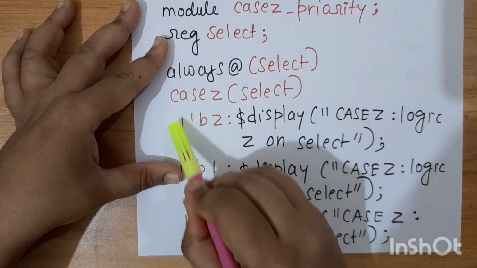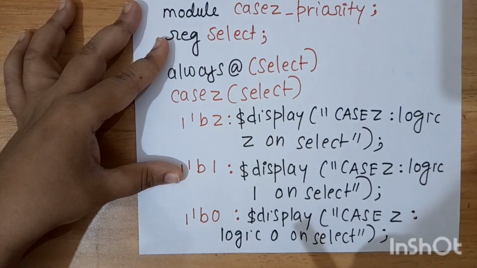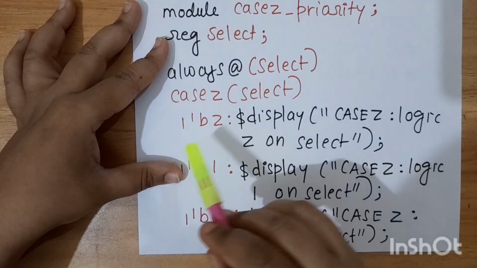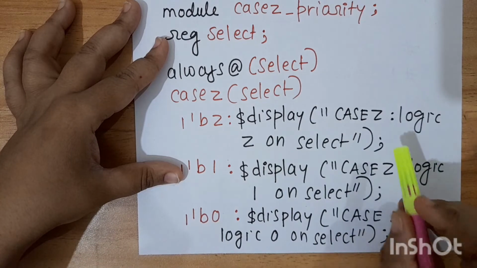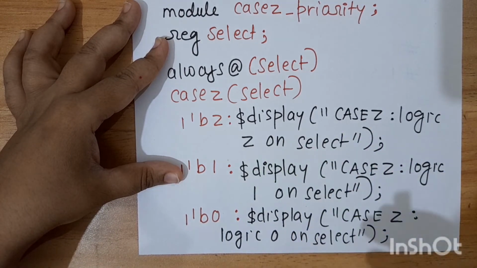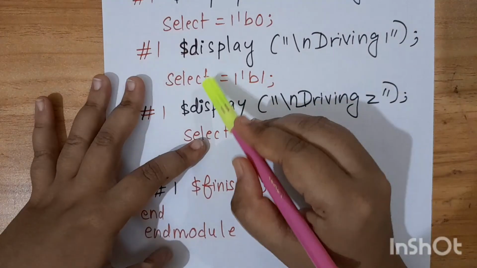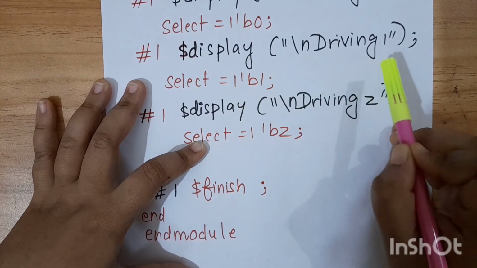So there are two matches for this select 1'b0, and the first match will take effect. So the display statement would be "KZ: logic Z on select". Now when the select is 1'b1, we are driving 1.